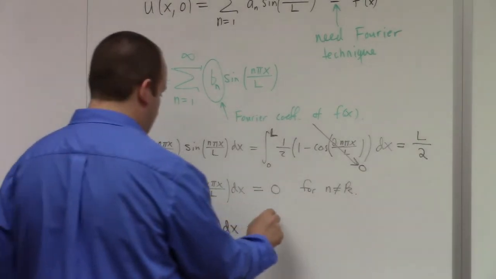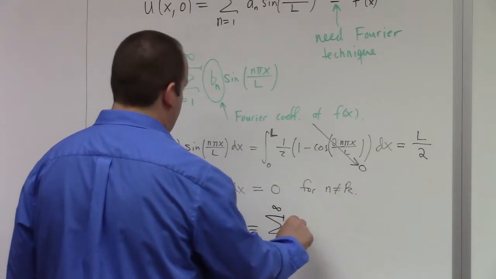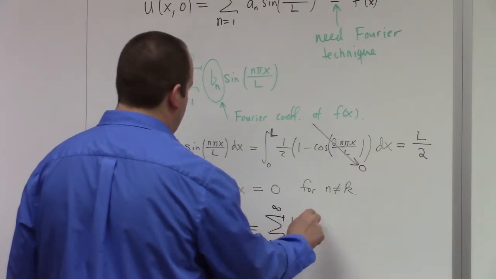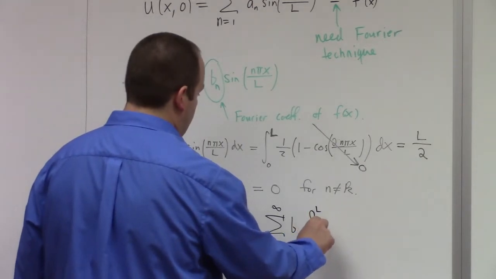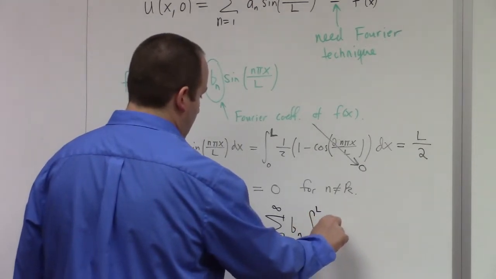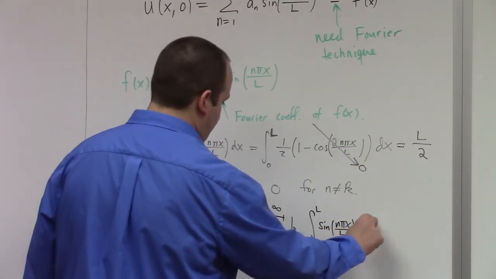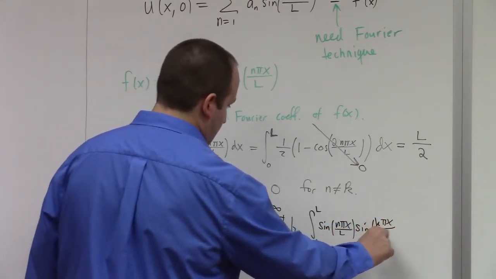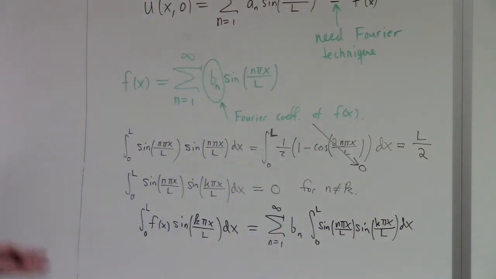I get the b sub n, and then the integral from 0 to L of sine of n pi x over L, sine of k pi x over L dx, assuming that I can bring the integration inside the series.